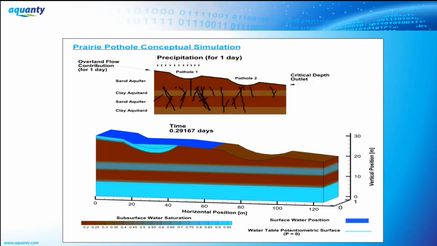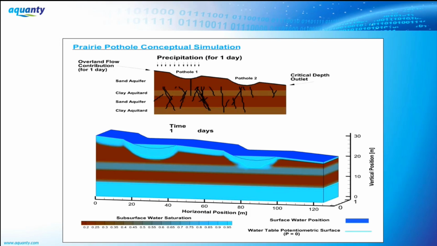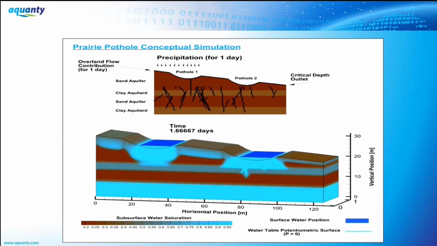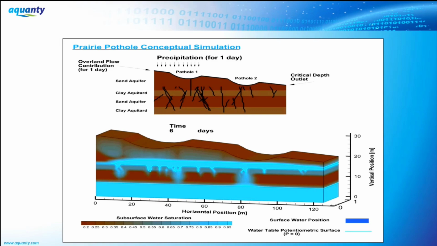Fractures. Again, just a simple cross-sectional example. This is a really hard problem to solve, really crazy nonlinearities. You can see there's precipitation applied in the top left portion above pothole 1. It spills overland into pothole 2. Then you get an infiltration front that reaches down to that clay aquitard that has a few fractures in it.